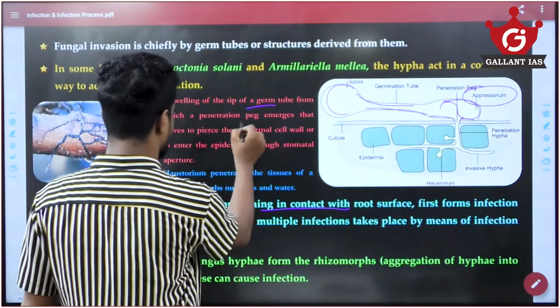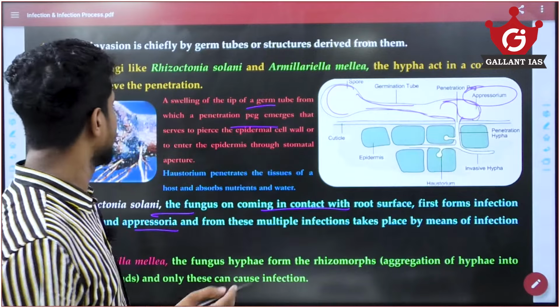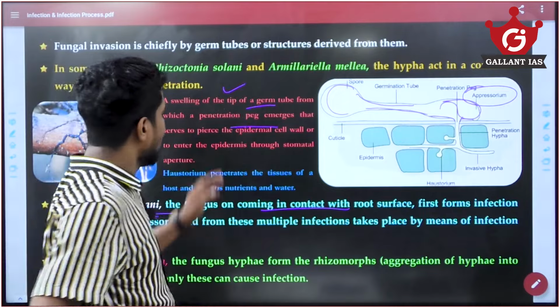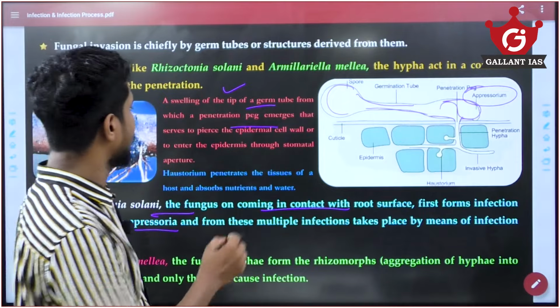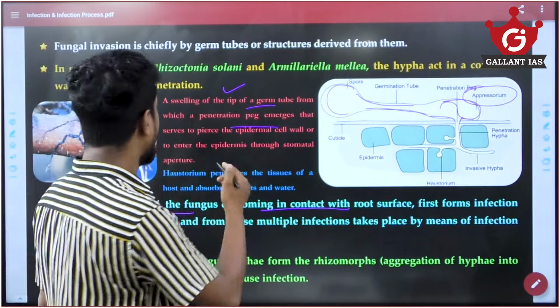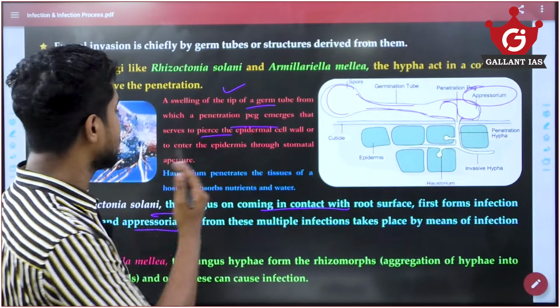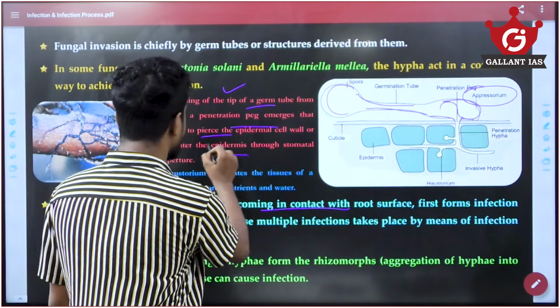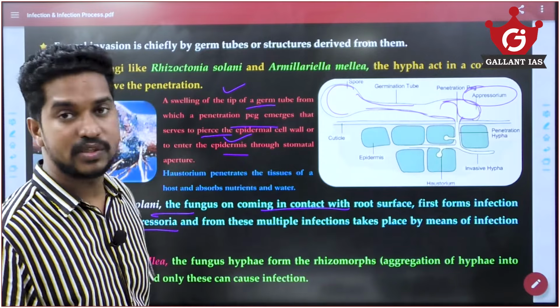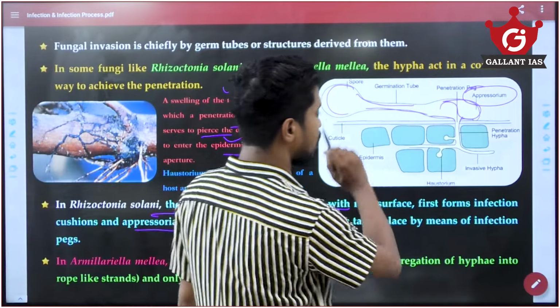Through a swelling of the tip of the germ tube, a penetration peg emerges that serves to pierce the epidermal cell wall or to enter the epidermis through a stomatal aperture. Look at the figure.